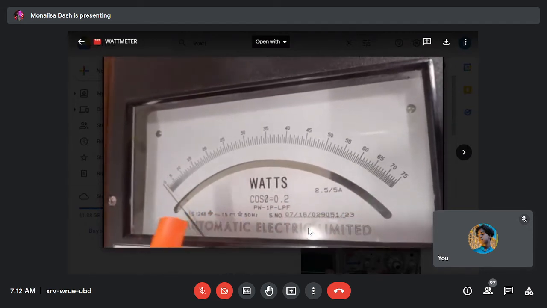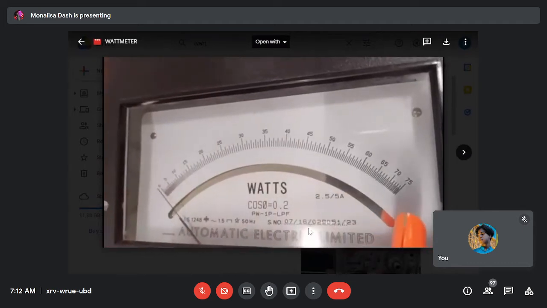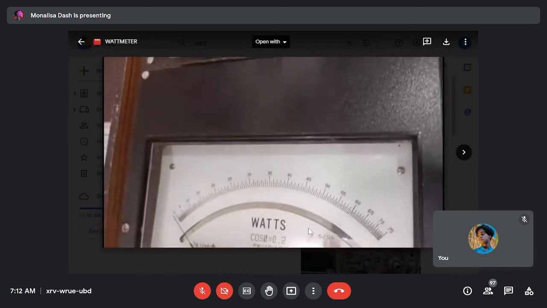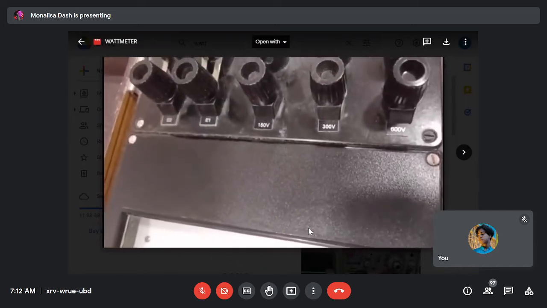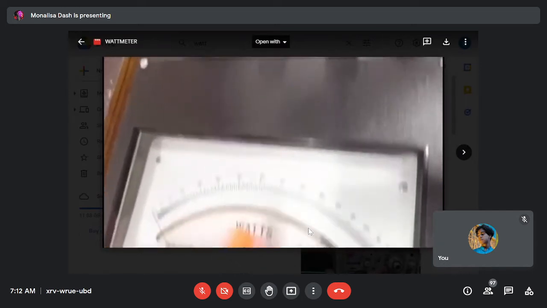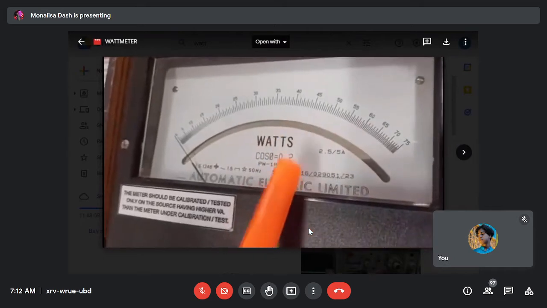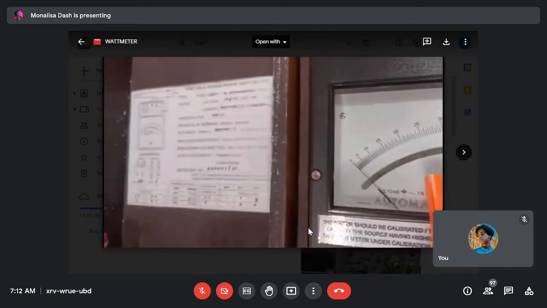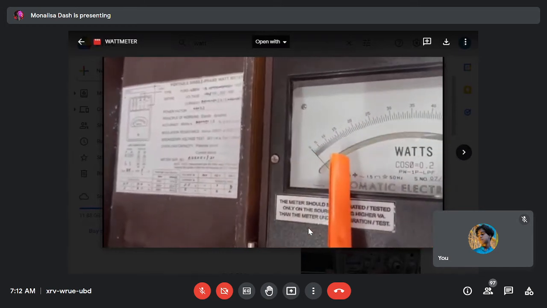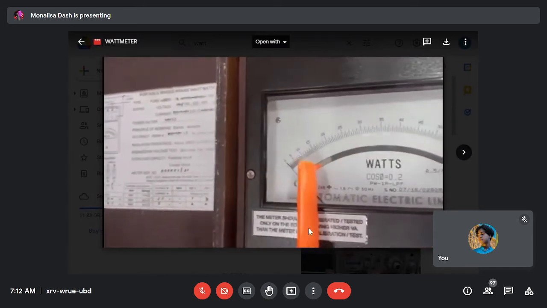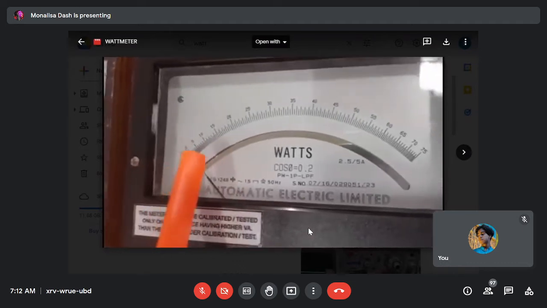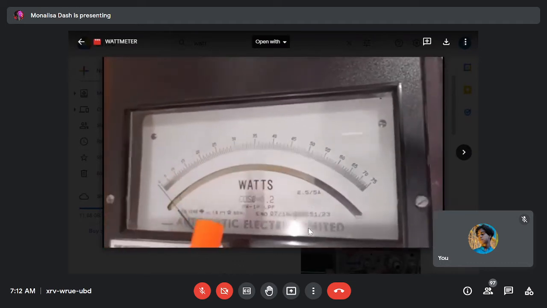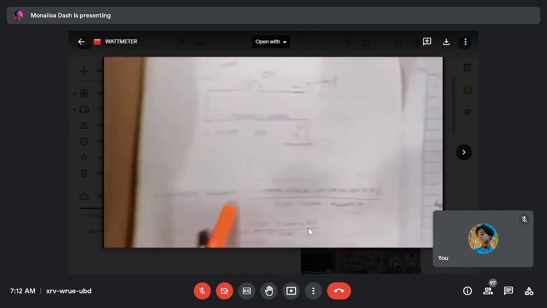But in the wattmeter we have to take the reading on one scale for 3 voltages and 2 currents. So we need a factor to multiply with the original reading of the wattmeter. Whatever the reading is, suppose it is 5 or 10, we cannot directly write it, because we are choosing only one scale. So we need a multiplying factor.